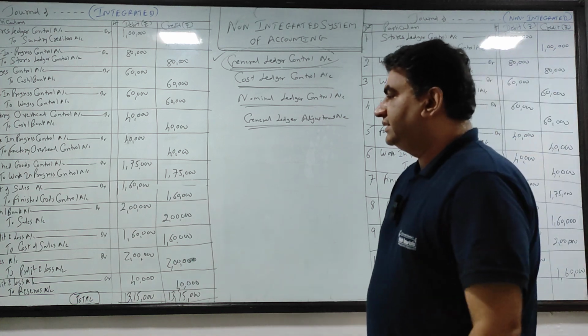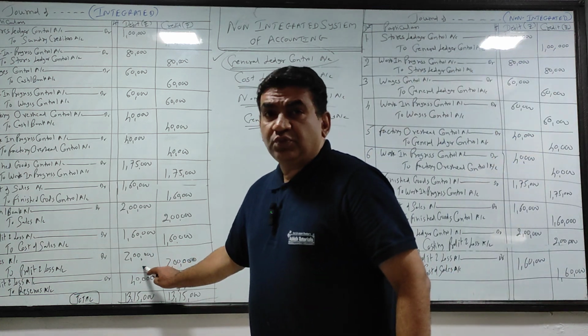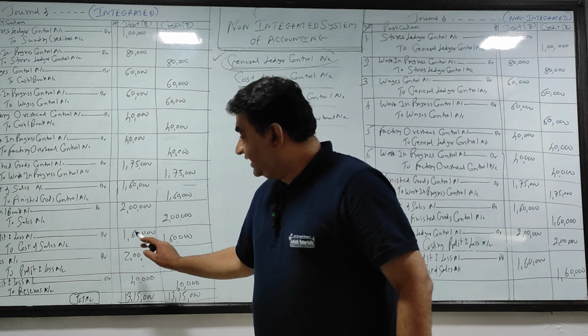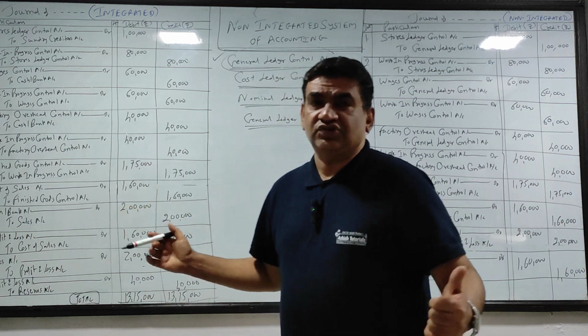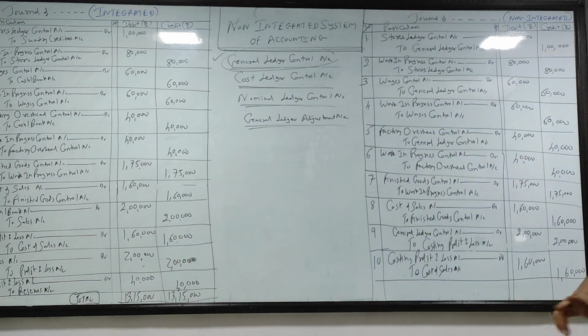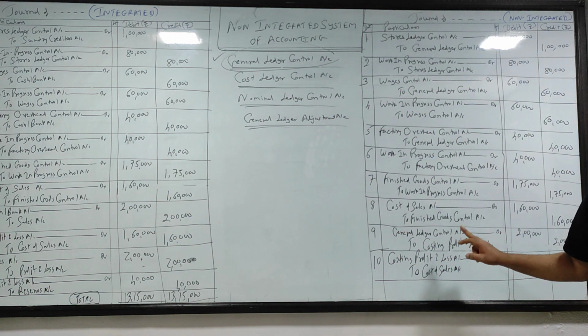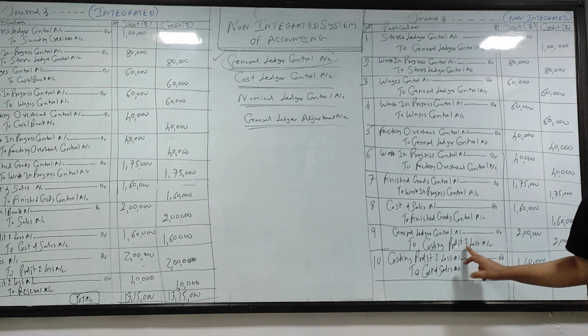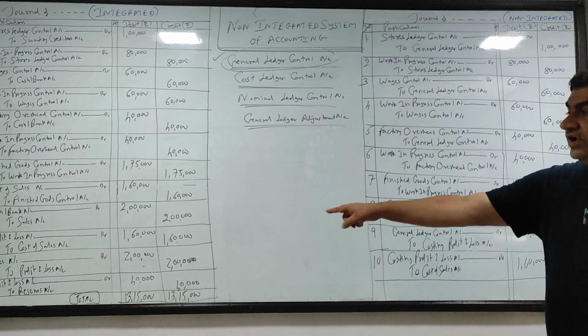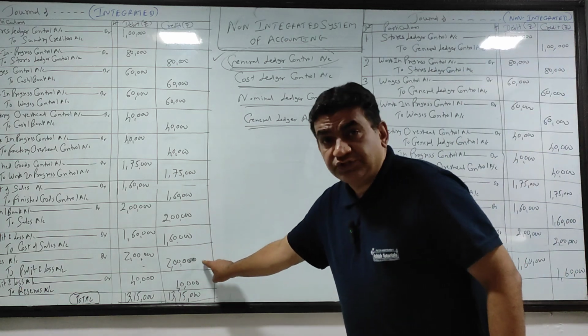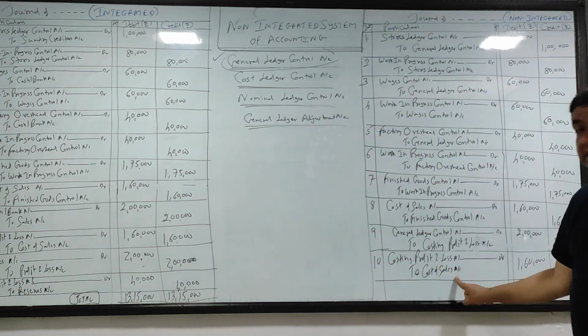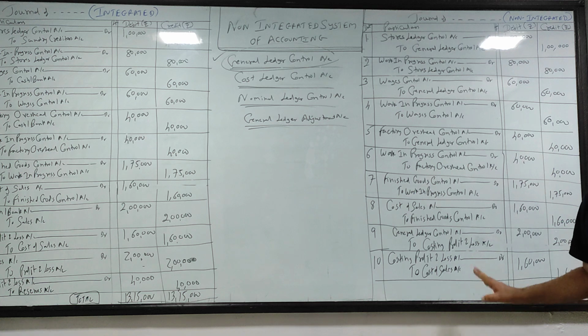Now see next, sales to P&L. ये entry in this sum it's not required. When will it be required? Suppose यहाँ पे मैंने costing P&L की जगह had I would have written here sales, then in that case I would have passed this entry sales to P&L. यहाँ पे मैंने पास किया होता sales to costing P&L.